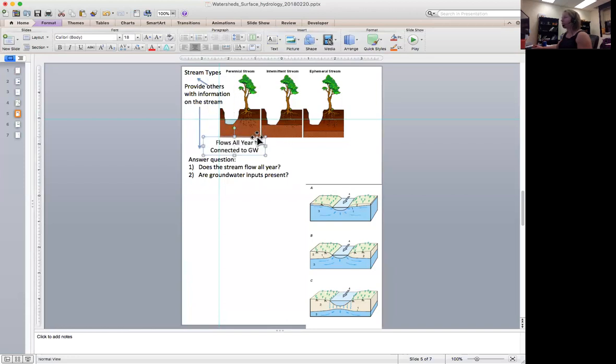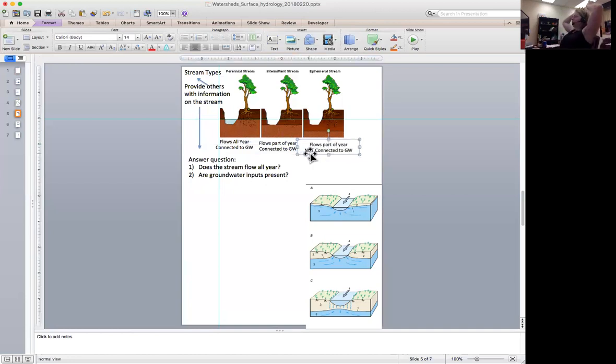If you have an intermittent system, it flows only for part of the year, but is connected to the groundwater system. And if you have what's called an ephemeral stream, it flows only for part of the year and is not connected to the groundwater system.